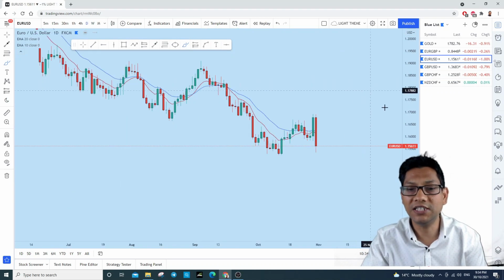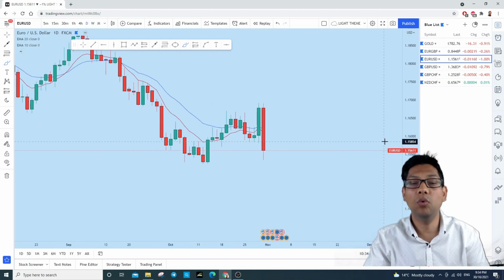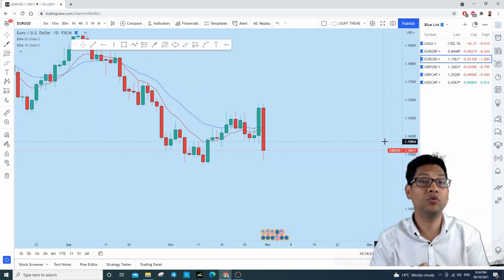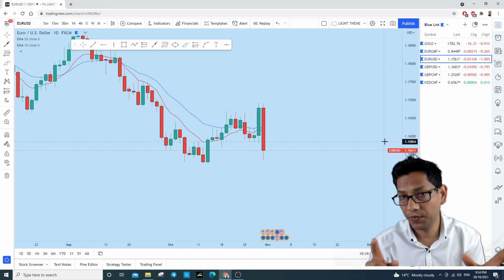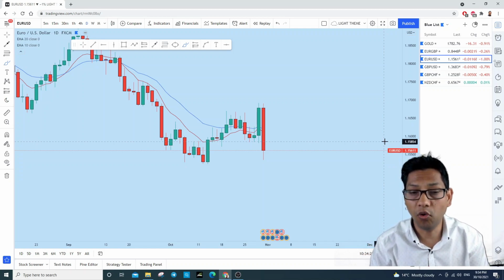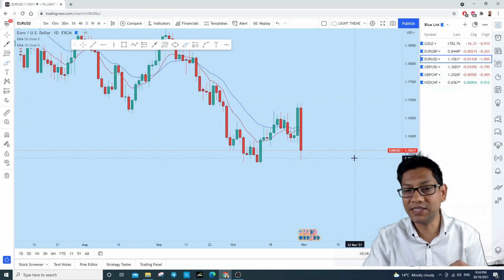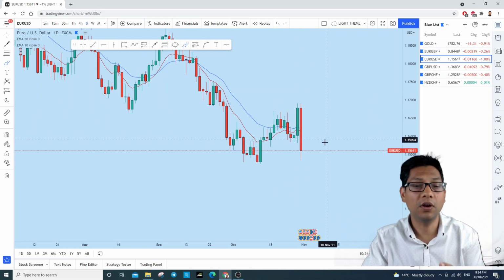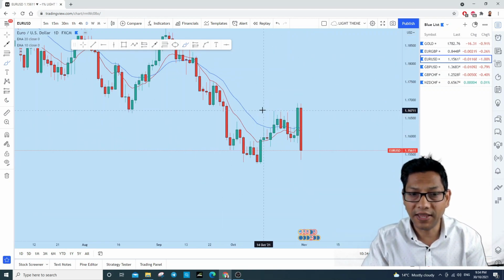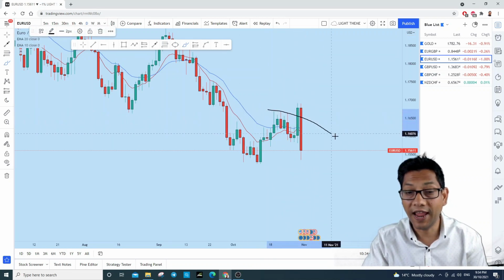Going down to the daily time frame to see how we can trade this instrument. This is where you have to take your entry decision, on the daily or lower time frame, that means on the 4 hour. As you can see, it has a strong bearish engulfer on the daily as well. What is likely to happen is that in the new trading week, this instrument will create a head and shoulder.